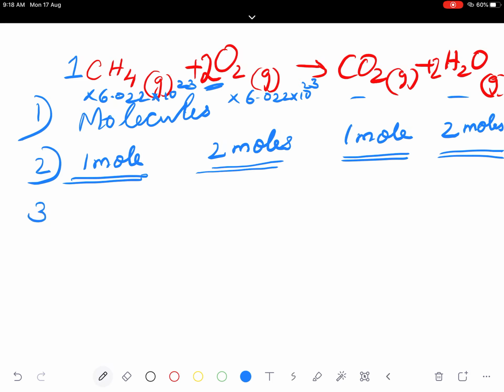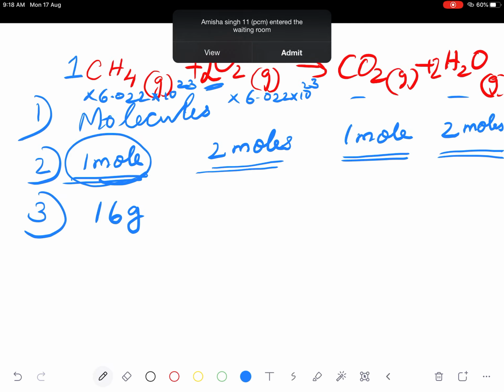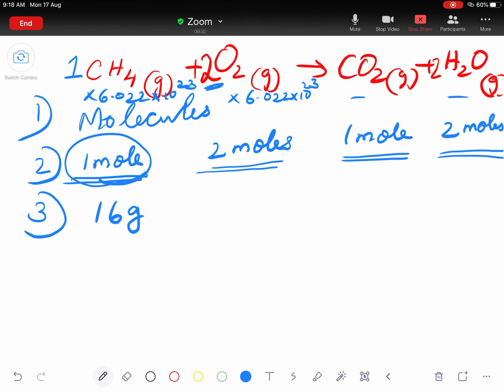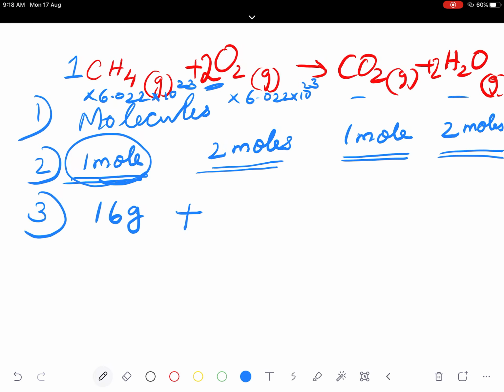Number 3. Now look at this mole. 1 mole of CH4, that weighs how much? That is 16 grams. So now I am converting that mole into grams. 16 grams of CH4. And what about 2 moles of oxygen? 1 mole of oxygen, we know, is 32 grams per mole.